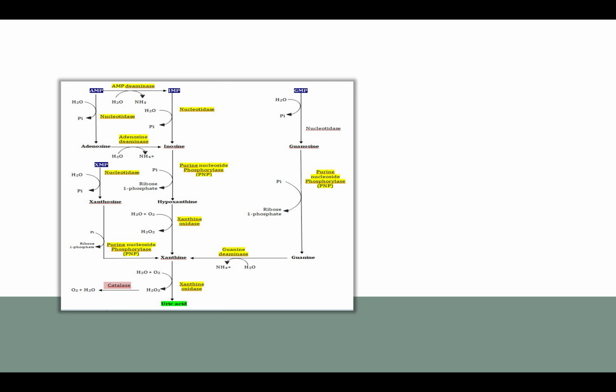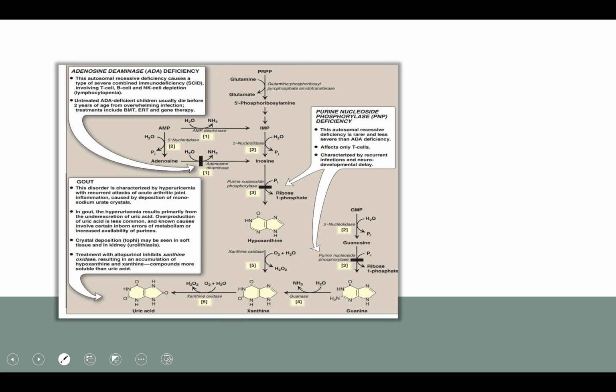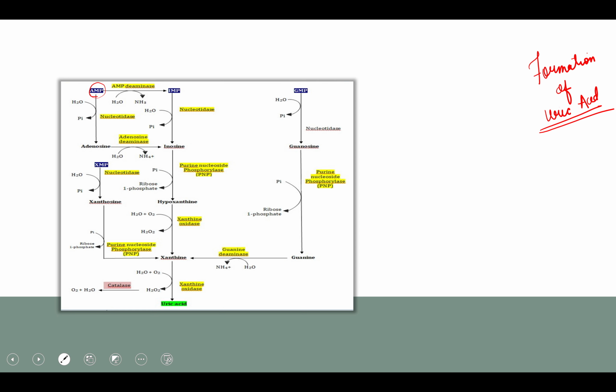Now look at the formation of uric acid. AMP is converted to IMP with the help of enzyme AMP deaminase. The deficiency of this enzyme leads to ADA deficiency disorder in children.